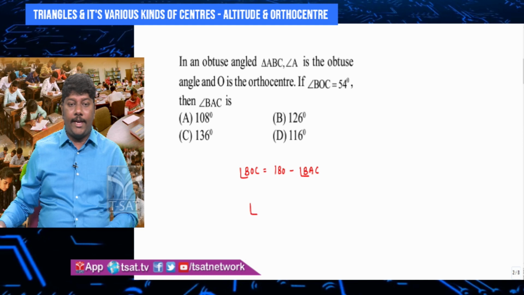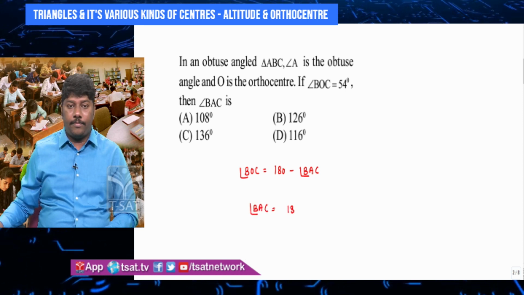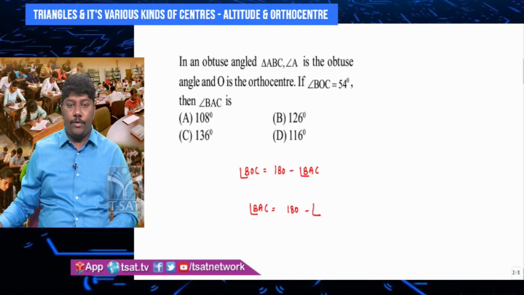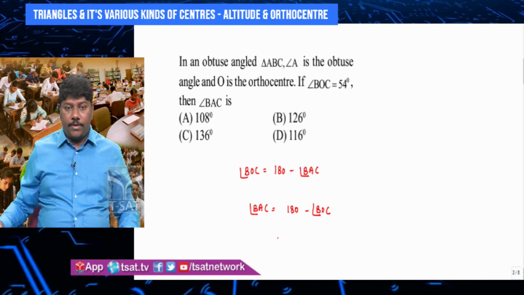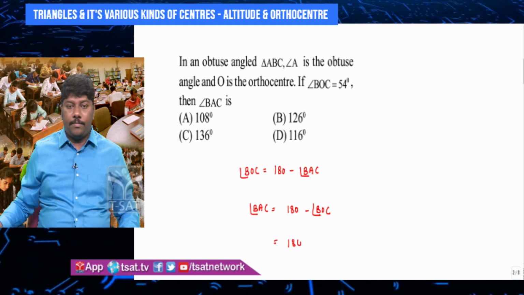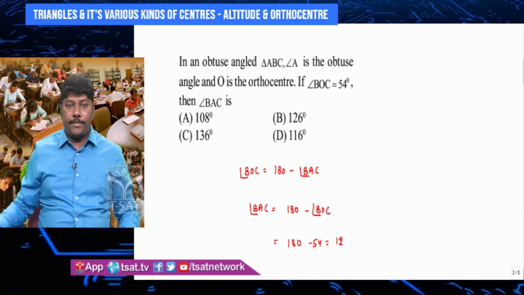If I ask you what is angle BAC, it is 180 minus angle BOC. So here 180 minus 54, answer is 126.